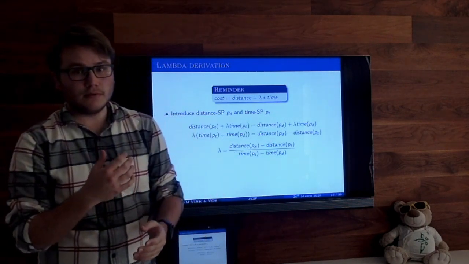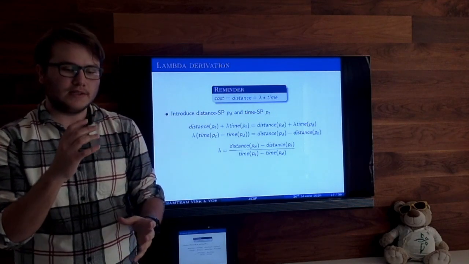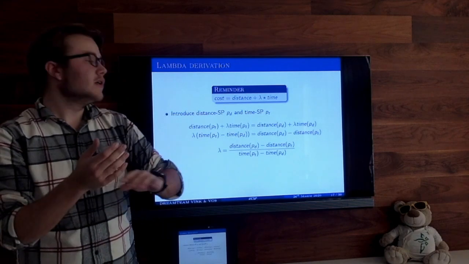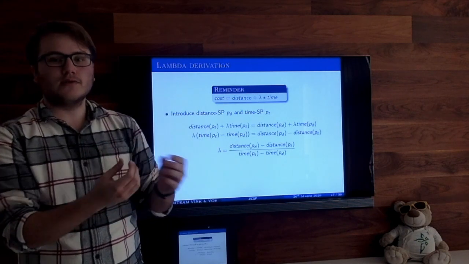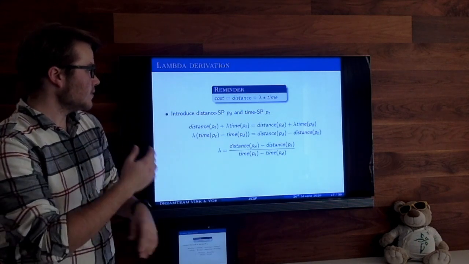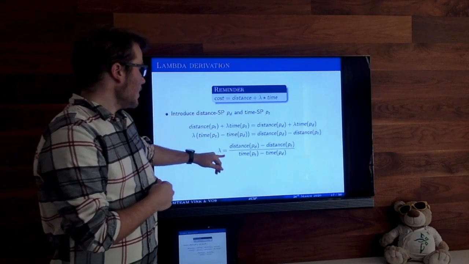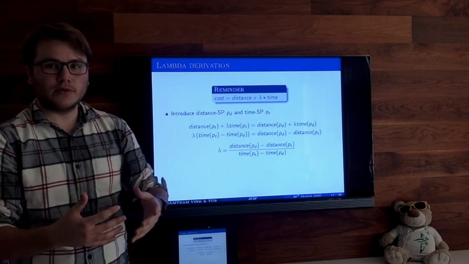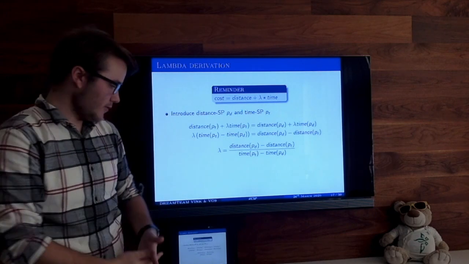Like I said before, we try to find the perfect balance between the time shortest path and the distance shortest path. So we set them equal to each other, and then by doing some algebra, we get that lambda equals a certain fraction. With this lambda, we can then further compute our algorithm.